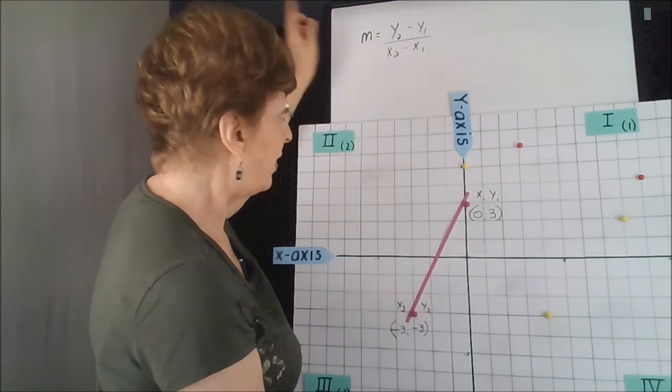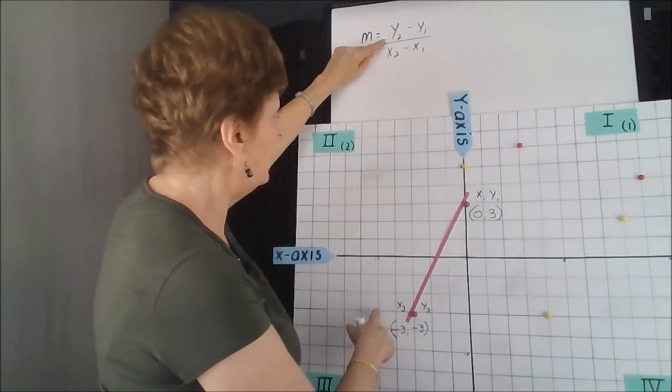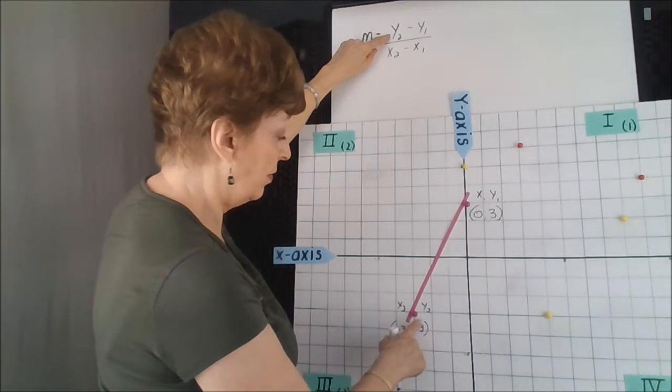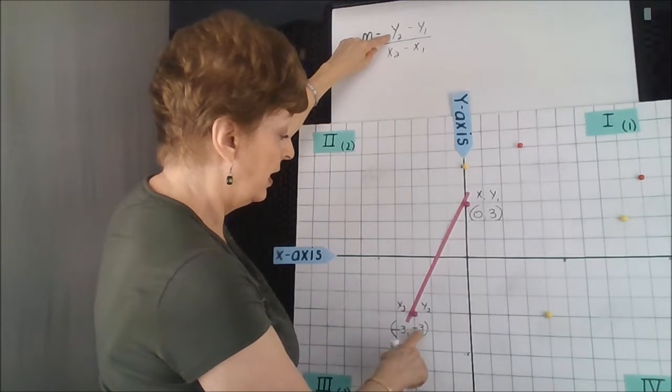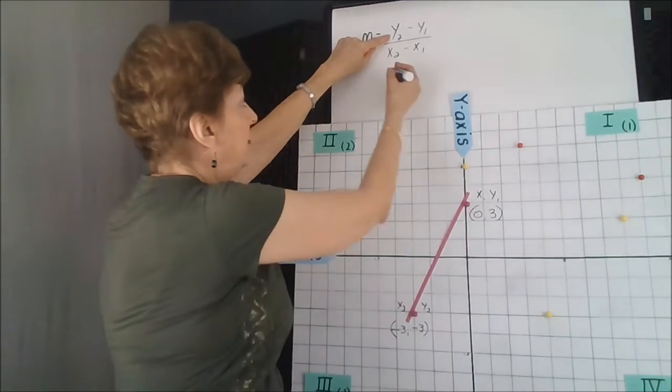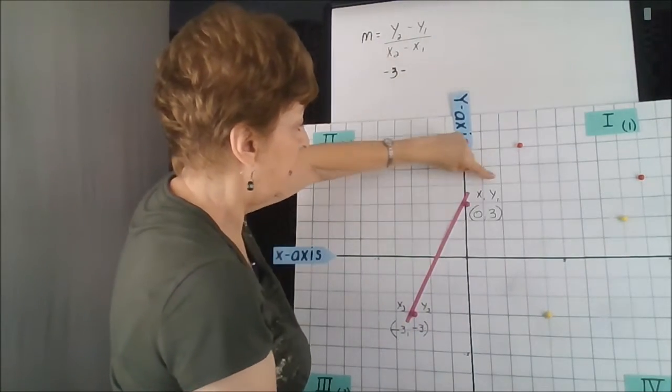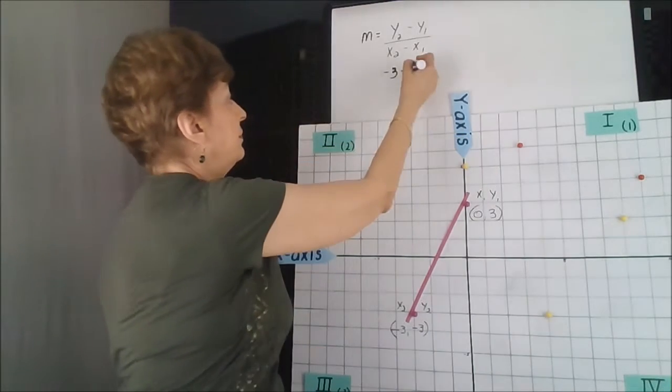All right, so now that we've decided that this is going to be our second point, we're going to have to look at that one first and pull out the negative 3, negative, and go back to this one, 3.